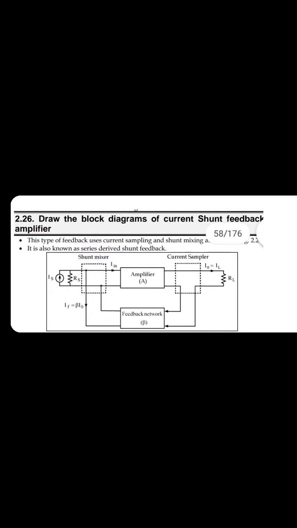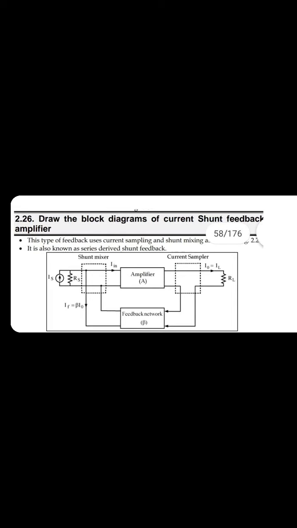Next, the block diagram of current shunt feedback. Current sampling means the output is taken in series. In current shunt feedback, shunt means it is in parallel with the input side, shown as a dotted line, the shunt mixer.